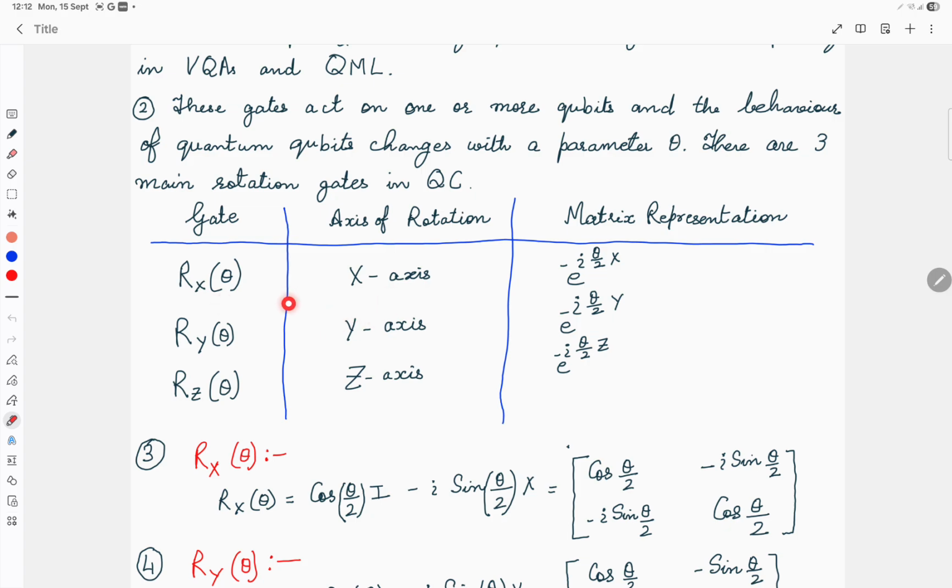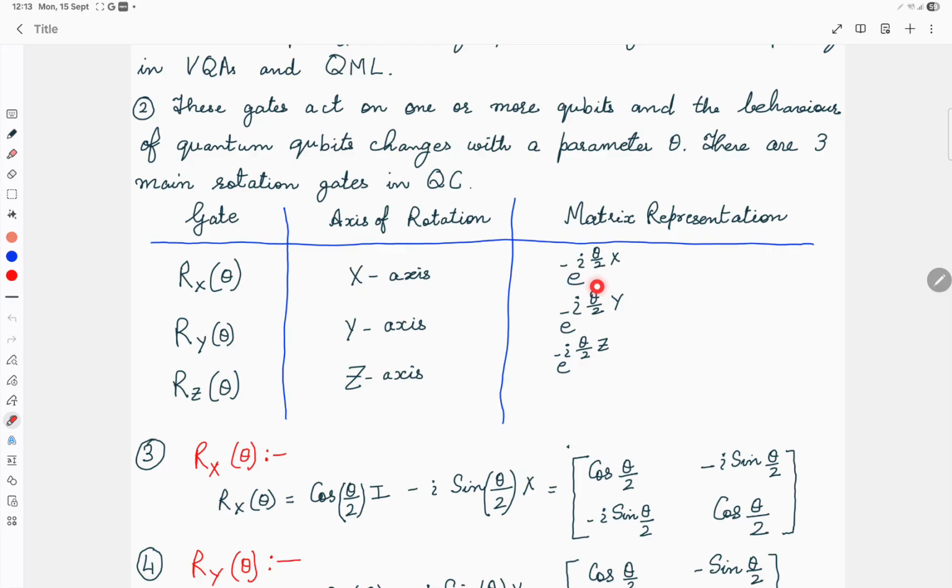Rx theta will rotate the qubit. Here the axis of rotation will be the x-axis. In the case of Ry theta, the rotation axis is y, and theta will determine how much the qubit will rotate along the axis of rotation for the particular rotation gate.